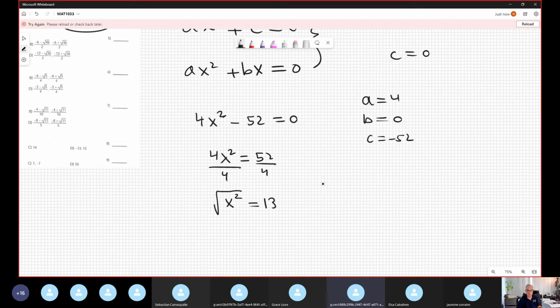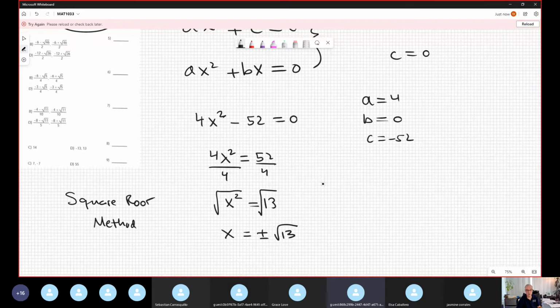Now apply the square root. This is the key idea of the square root method. And now here is x, you know it. But the most important thing that the students forget every day is plus or minus, because we have two solutions. Remember, the graph of this function is a parabola. The parabola is something like that, and I need to investigate where the value of y is 13.